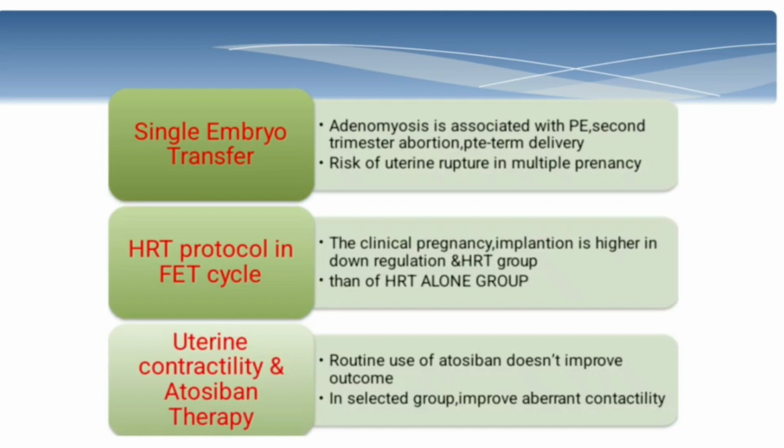Then HRT, hormone replacement therapy protocol, in frozen embryo transfer cycle: clinical pregnancy and implantation rates are higher in the downregulation plus HRT group than in the HRT alone group. If we do HRT and FET, the rate of implantation is higher if we do the downregulation.